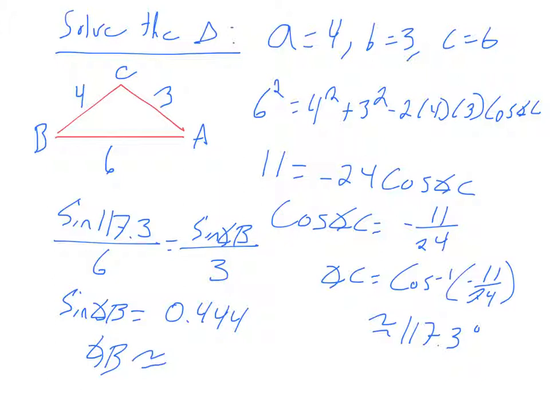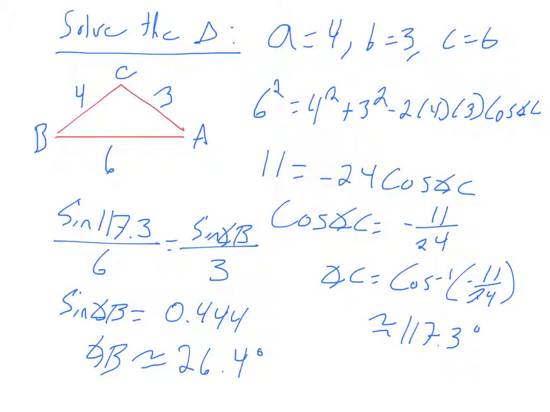So don't use 0.44 when you're taking inverse sine. Use the full decimal precision in your calculator, and if you do that, you should get 26.4 degrees for angle B.